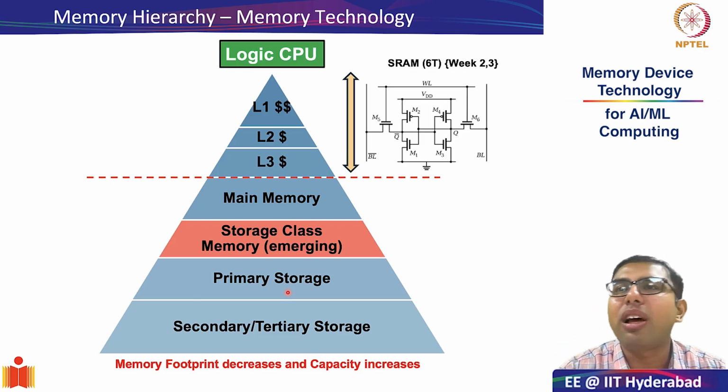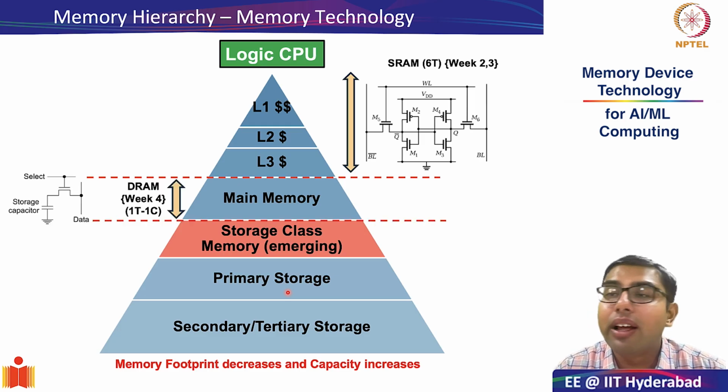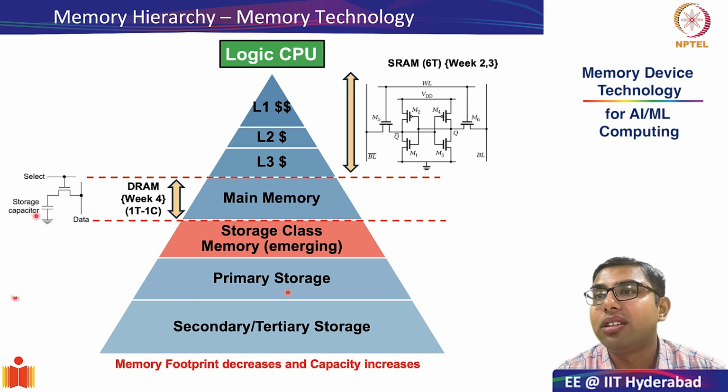So we will start our study from 6T SRAM cells which constitute the L1, L2 and L3 caches. Please try to recall what was the element used in main memories. It was your DRAM cell, which consisted of just one transistor and one capacitor, and the memory was being stored where my laser pointer is, at the storage node.